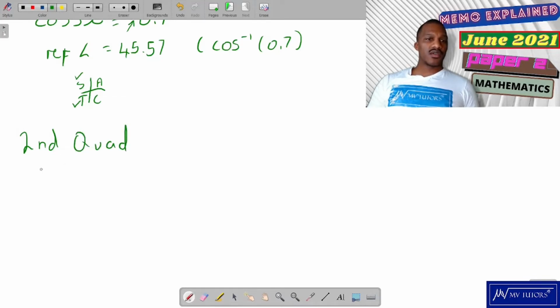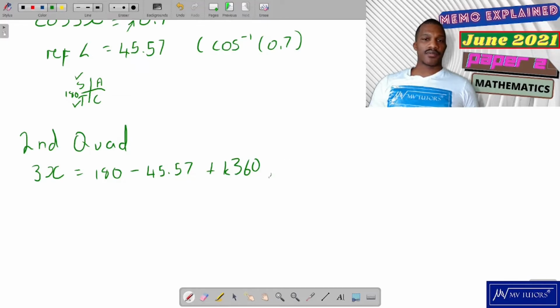In the second quadrant we know that 3x equals 180 minus the reference angle, which is 45.57, plus k times 360, to say that it repeats itself every 360, where k is an element of the integers. Integers are whole numbers like 1, 2, 3, 4, not a decimal, or minus 1, minus 2, a whole number.